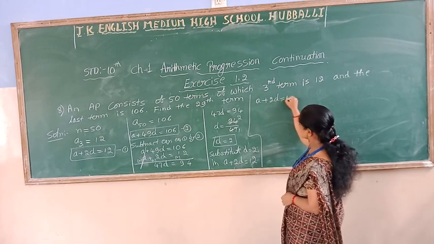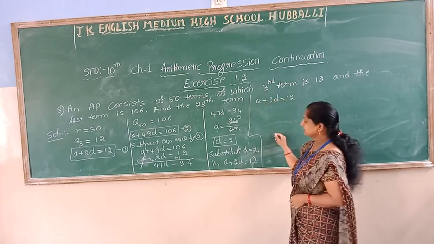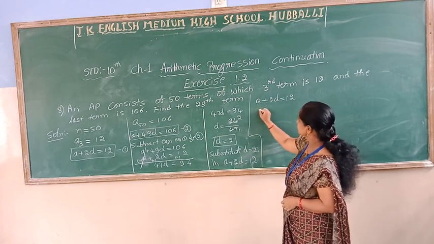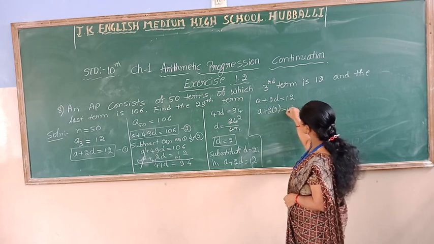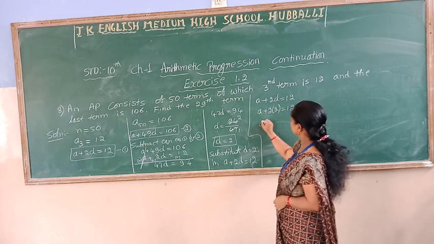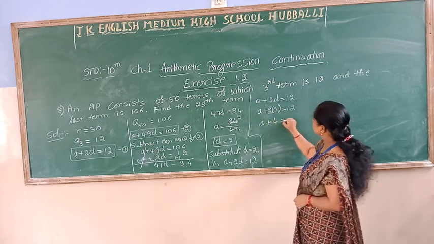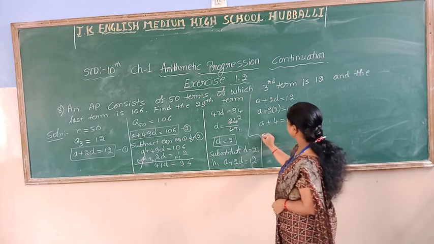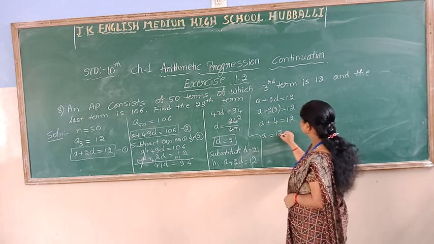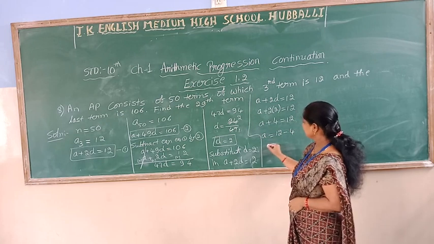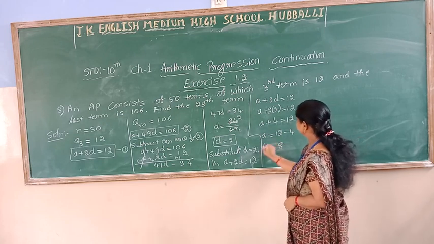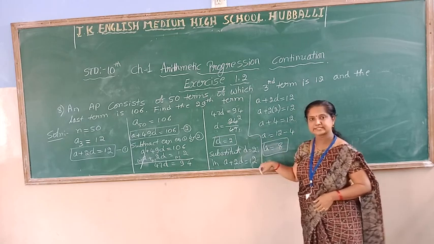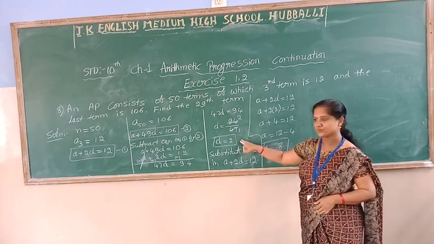Then d value is 2 means a plus 2 into 2 is equal to 12. So a plus 4 is equal to 12, a is equal to 12 minus 4. Then a is equal to 8. I got the value of a as 8 and the d value as 2.